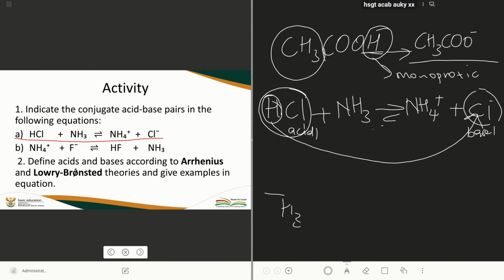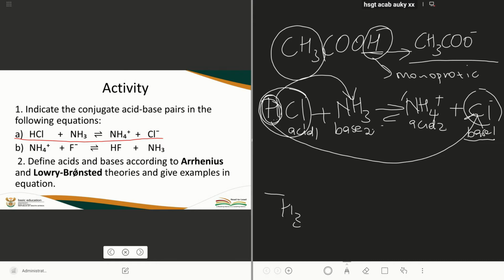So the proton will be donated to where? To ammonia. So ammonia is a base. However, we have already identified our chloride ion as base 1. So ammonia will be our base 2. And our base 2 must have an acid, and that acid will be ammonium ion, and this one is going to be our acid 2.